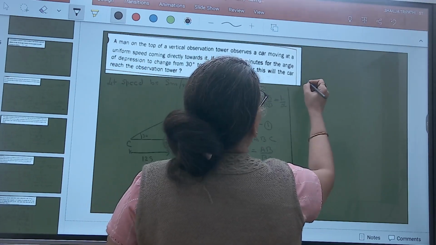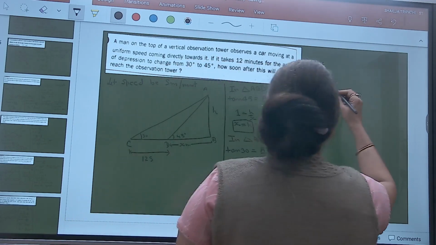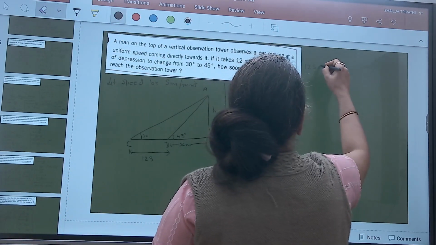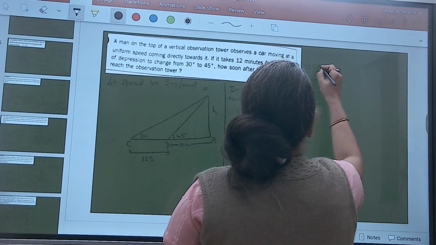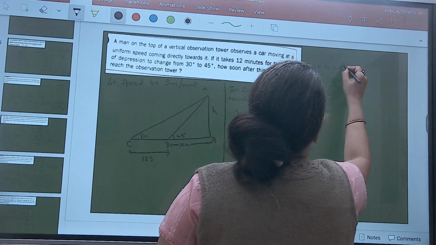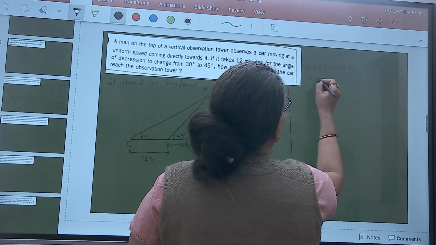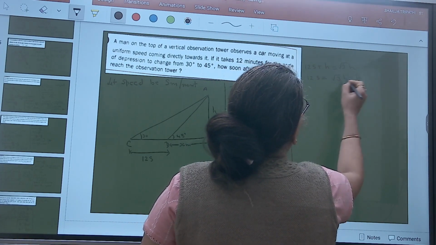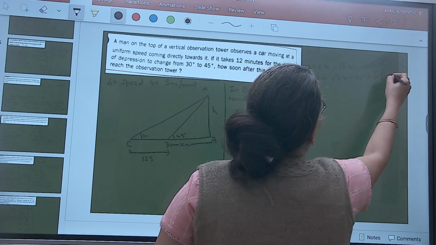Now we can find S in terms of H. See what we get, 12S plus H is equal to root 3H, or 12S is equal to root 3H minus H. That is, take out H common, you get H into root 3 minus 1.